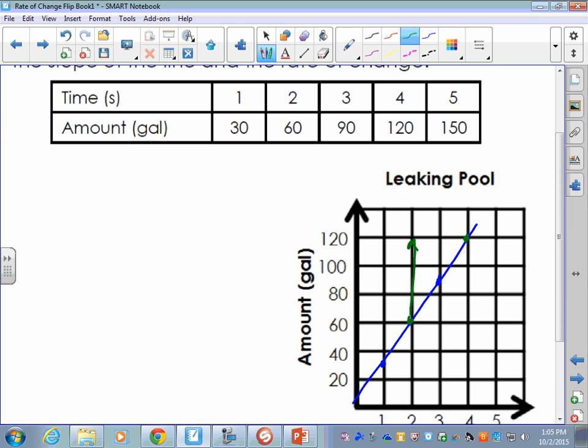Some of you counted and said 1, 2, 3. Yeah, that's 3 spots, but for each unit, you got to look at your scale. Each time I go up, that's 20. Does that make sense? Because 60 to 80 is 20, 20, 20. So this is right here, 60. And this is a scale of 1 over 2. So your rate of change, which is the same as your slope, would be 60 over 2, which is just 30.